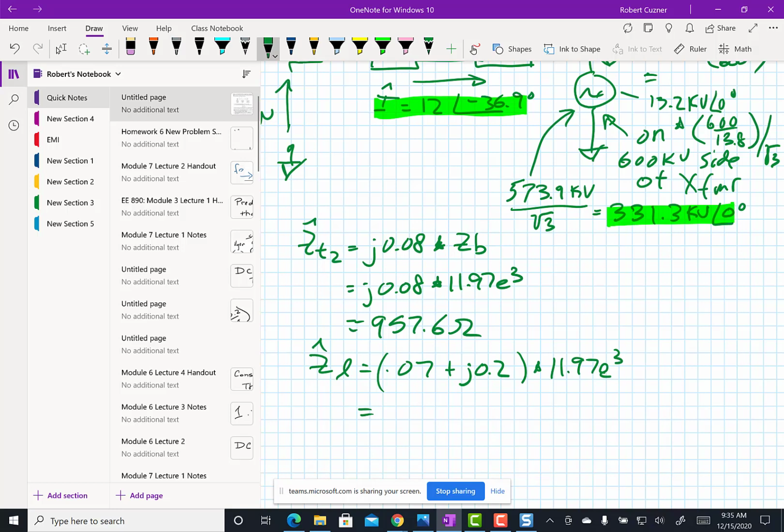And so 0.07 times 11.97 e to the 3 is 837.9. I could just say 838 plus j, so that's 2394.